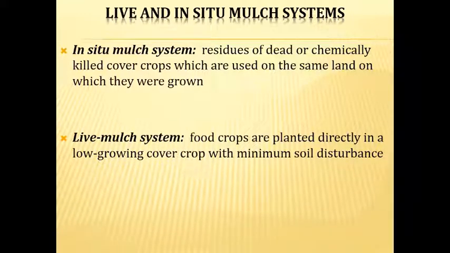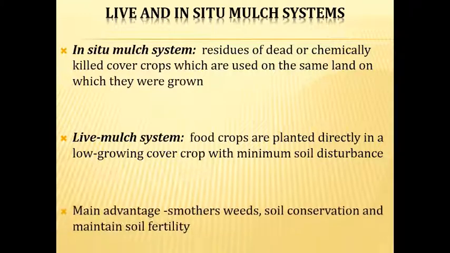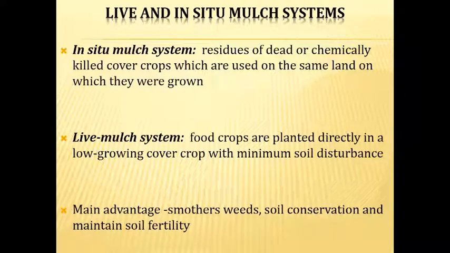The live mulch system is a crop production technique in which food crops are planted directly in a low growing cover crop with minimum soil disturbance. Main advantages of live and in situ mulch systems are that they smother weeds and can play an important role in soil conservation and maintenance of soil fertility.